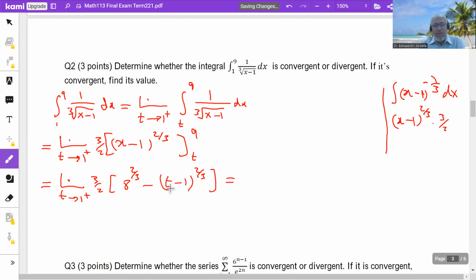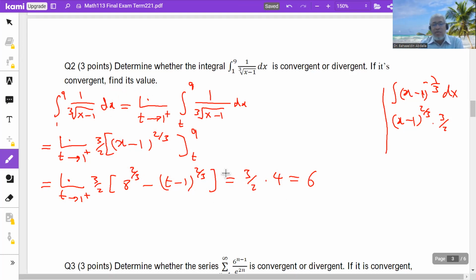Now, when I replace t by 1, this would be 1 minus 1, it would be 0. So the answer would be 3 over 2 times 8 to the power 2 over 3. And 8 to the power 2 over 3 is 4 by the calculator. So 4 divided by 2 is 2, and the final answer is 6.